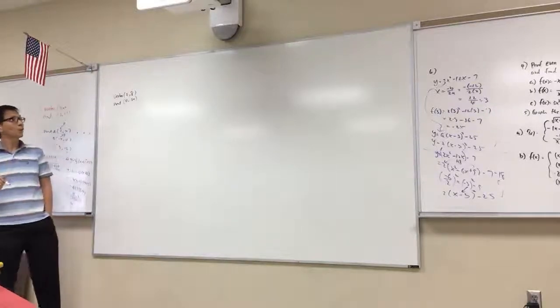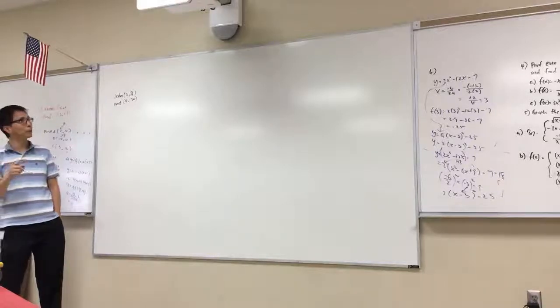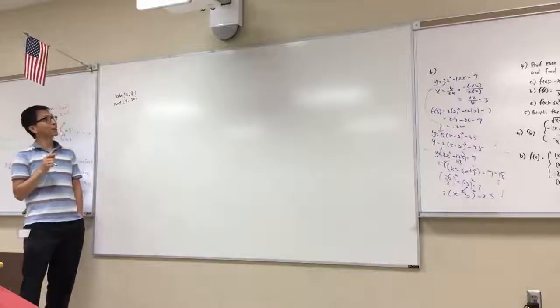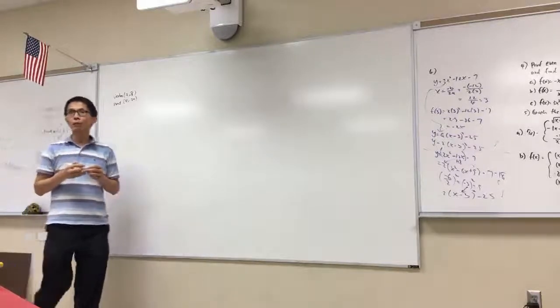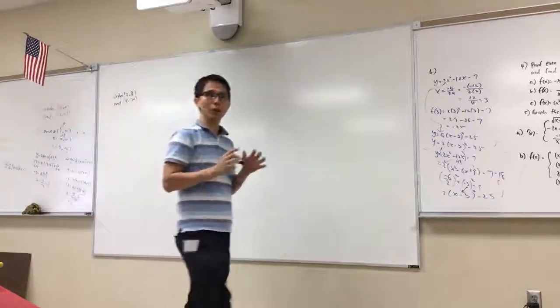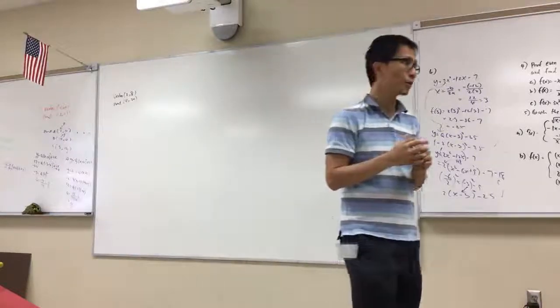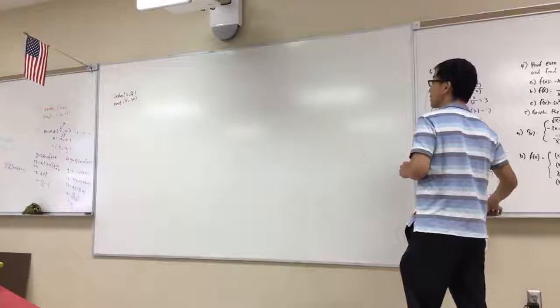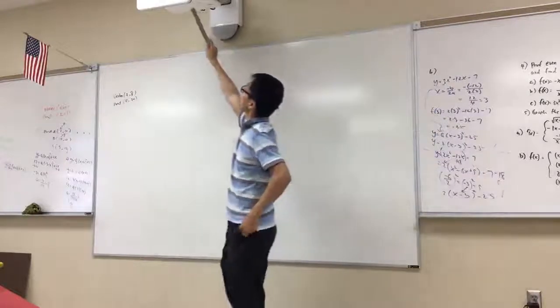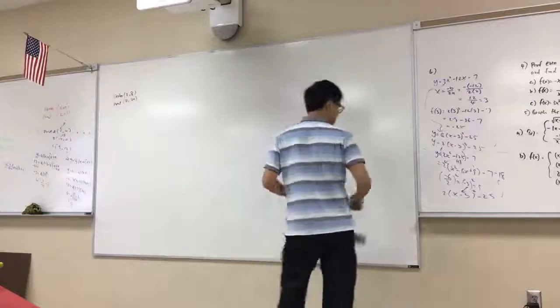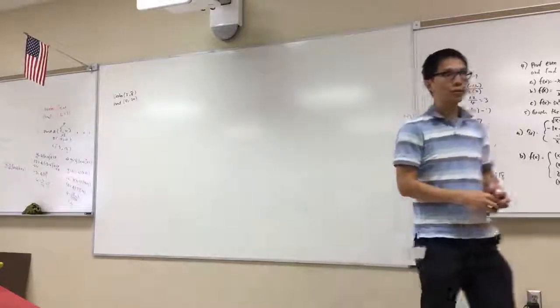Okay, so 4 and 20, and so I have a random point 4 and 20, and the vertex is 2, 8. I want you to find the equation of this parabola that goes through those 2 points. So any ideas? We have 3 different formats of quadratic functions.